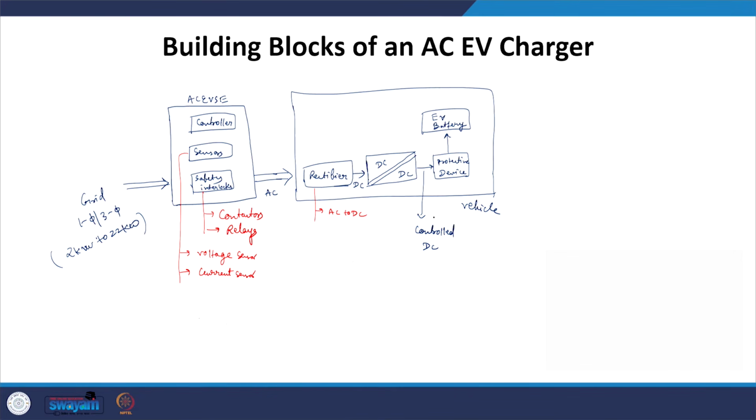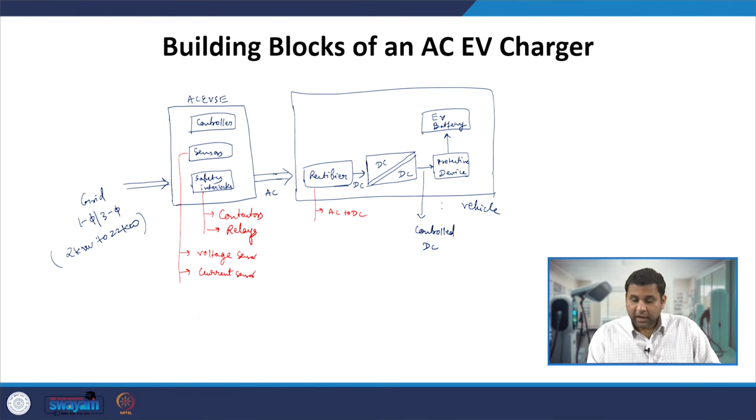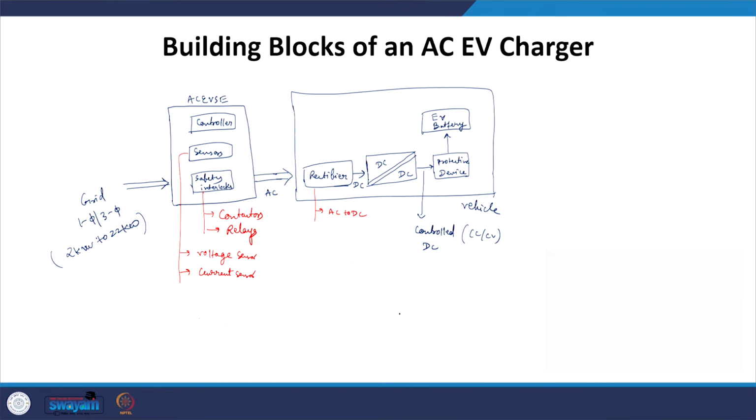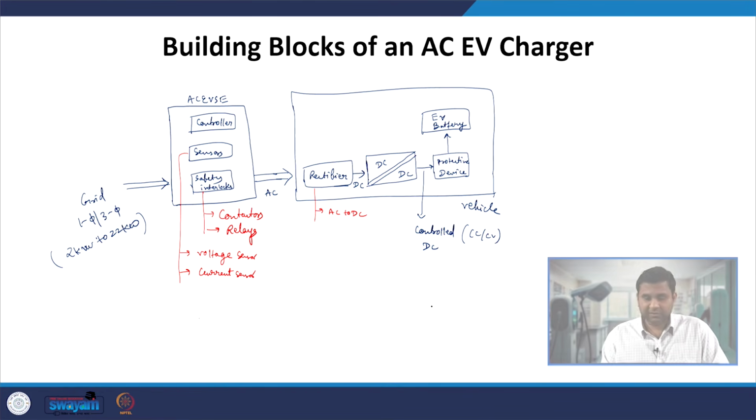So you have the desired DC voltage coming over here, going into the EV battery and used to charge it. Again, you can ensure CC or CV charging by appropriate operation of this isolated DC-DC converter.